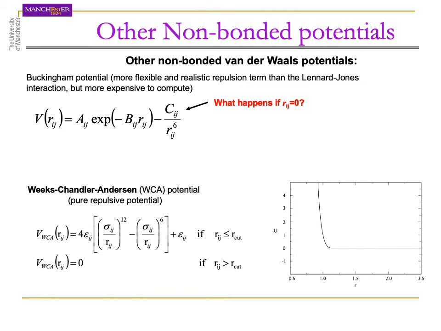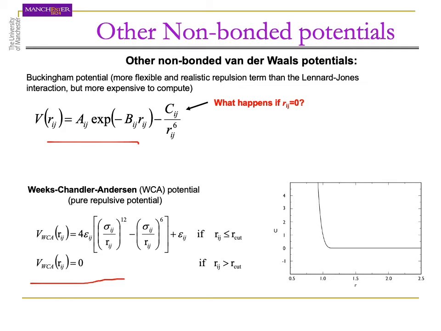So the Lennard-Jones potential is not the only potential that can be used to model the van der Waals interactions between atoms. Some of the other most used potentials are the Buckingham potential, which is reported here, and the Weeks-Chandler-Anderson potential.